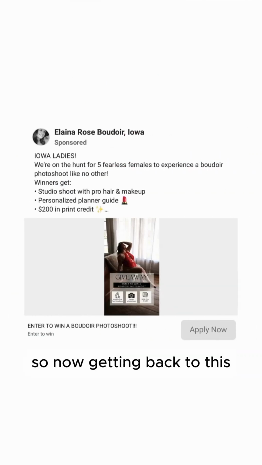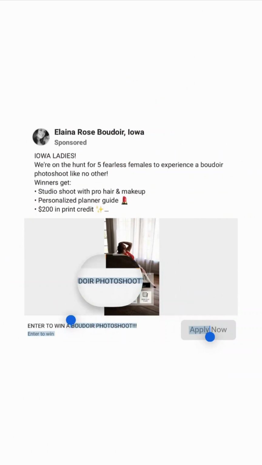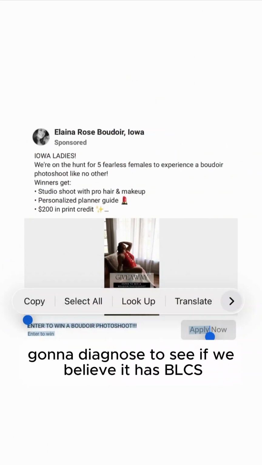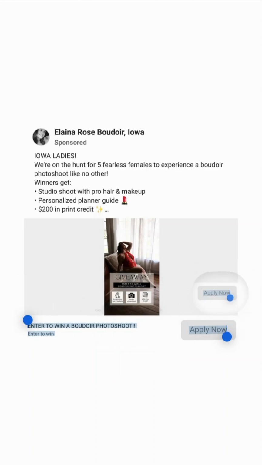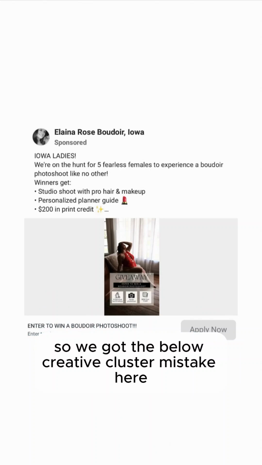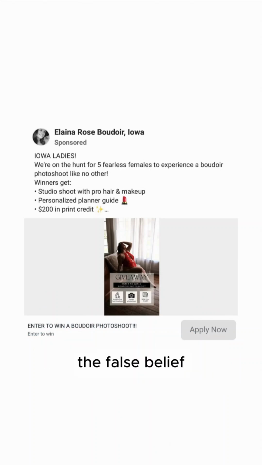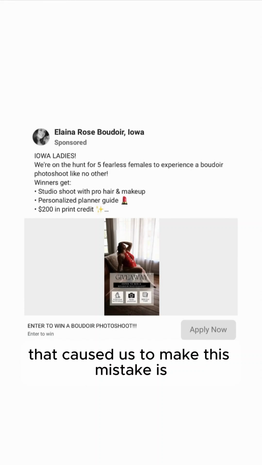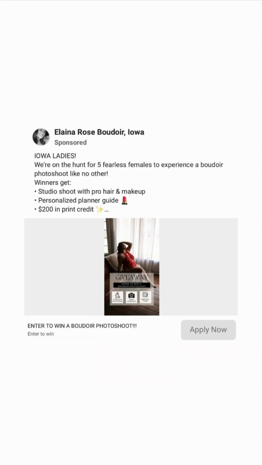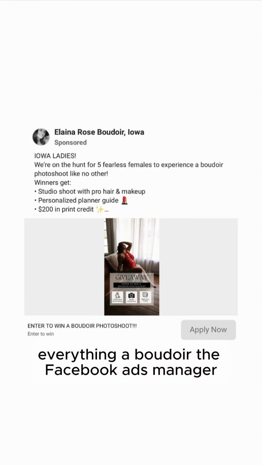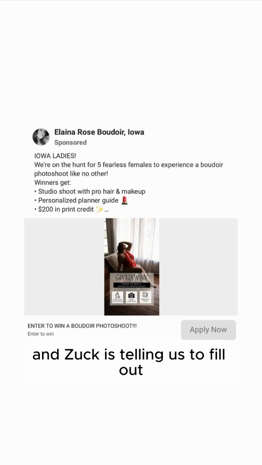So now, getting back to this, I'm going to diagnose to see if we believe it has BLCS, yes or no. So we've got the below creative cluster mistake here. The false belief that caused us to make this mistake is that we're filling out everything in the Boudoir Facebook Ads Manager that Zuck is telling us to fill out.